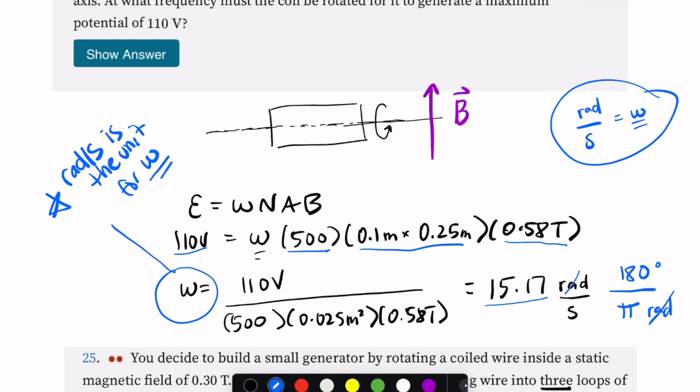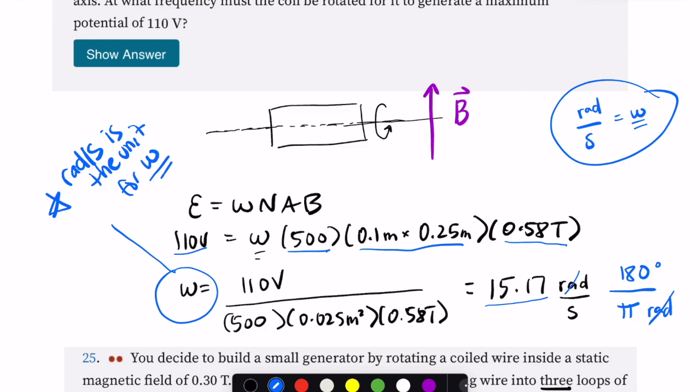That's 859 degrees per second. Because it's 360 degrees per flip, you're flipping that thing almost 2 times a second. It's almost 2 revolutions per second. Super fast to get 110 volts.